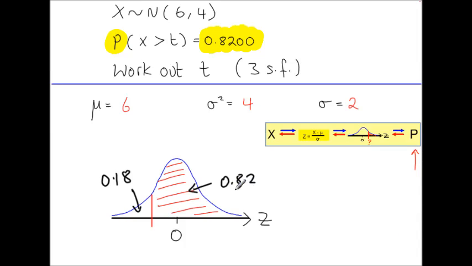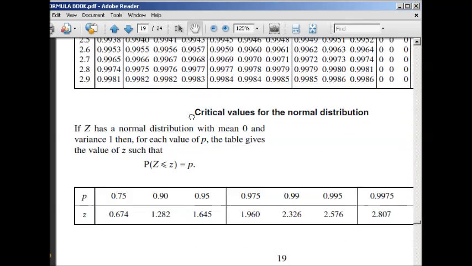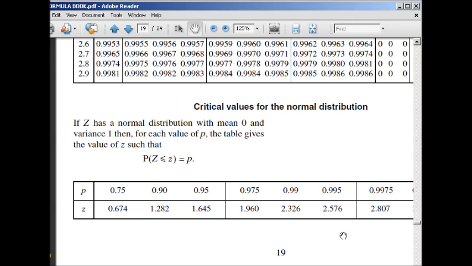And from here, it's going to be the 0.82 that we're going to look up from the tables. Okay, so we have our normal distribution tables here. And I say tables because there are two. You've got the main table here and there's another one underneath. And we're starting off with a probability and we're trying to work out z.